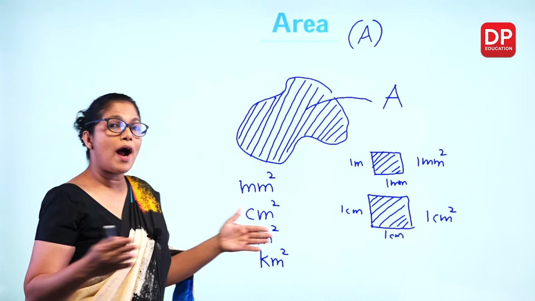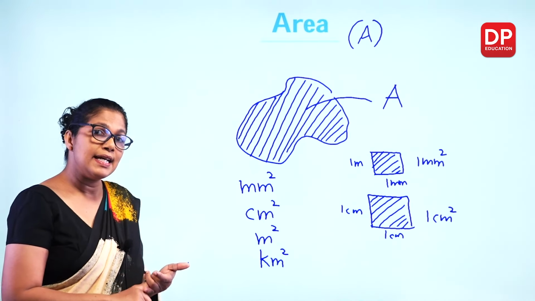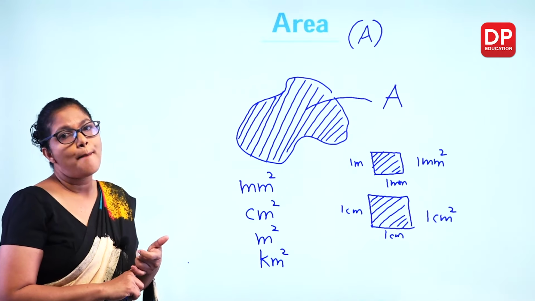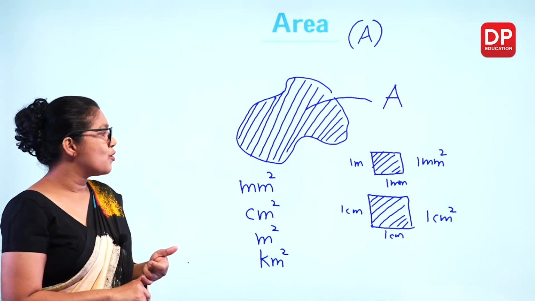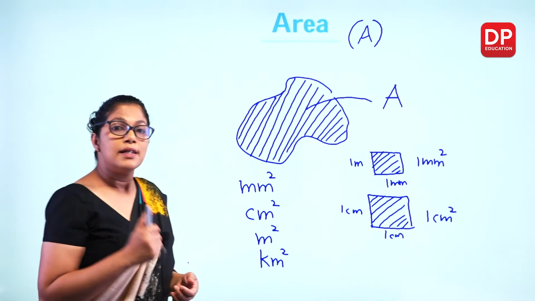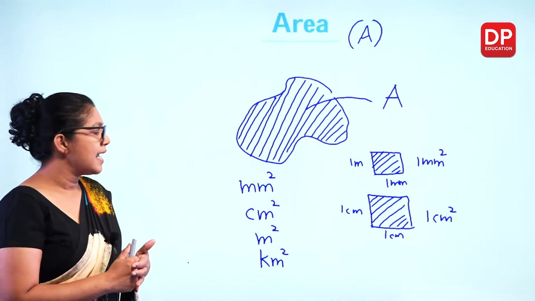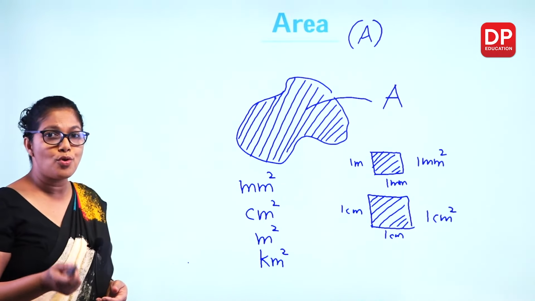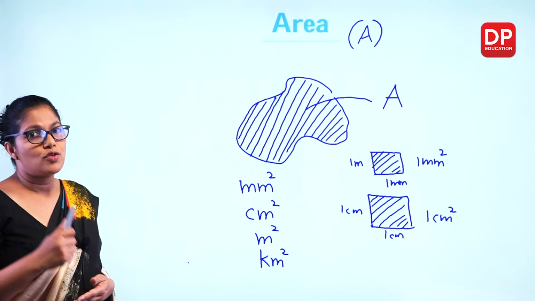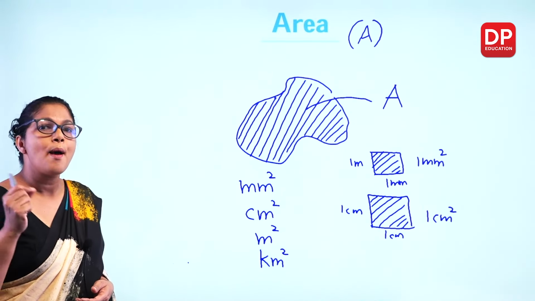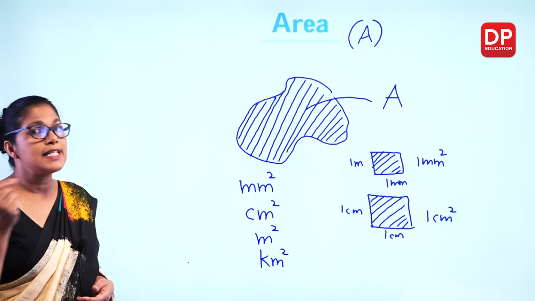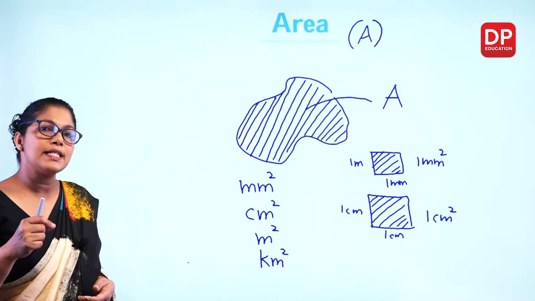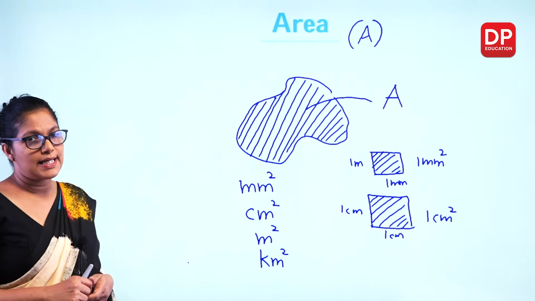When you take 1 meter length and 1 meter length square, we call it 1 square meter. So you need to know proper units in area. Sometimes you get different units, so you need to know the conversion. The normal conversion is 10 millimeters to 1 centimeter, 100 centimeters to 1 meter.